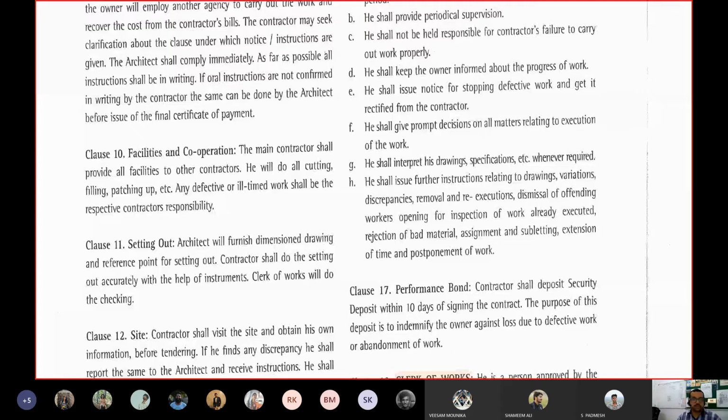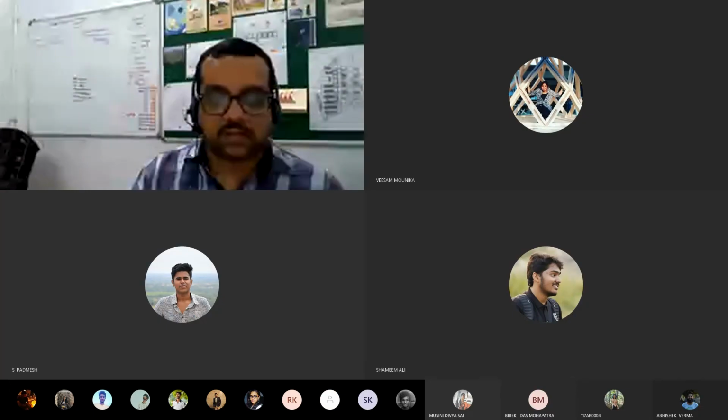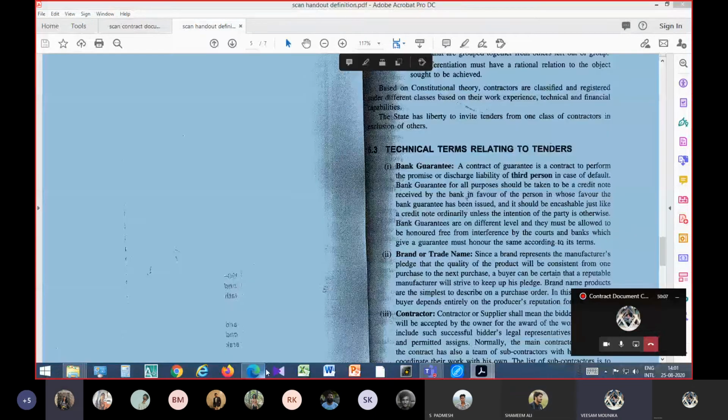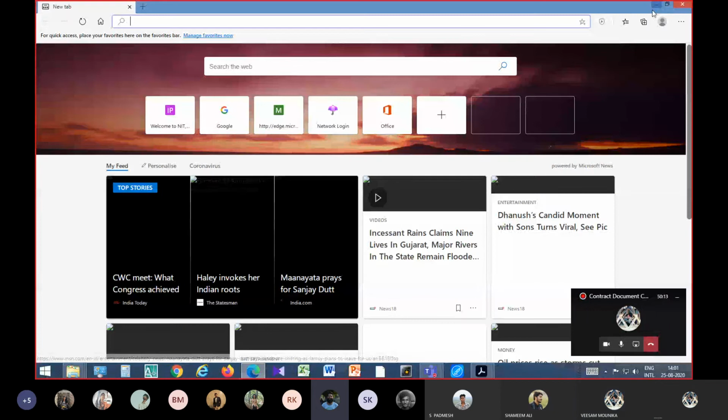Can you all see this, technical terms relating to tenders? Am I audible? Yes, sir. Now it is visible. I have changed the file actually.